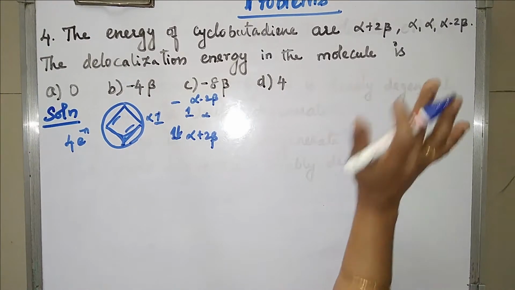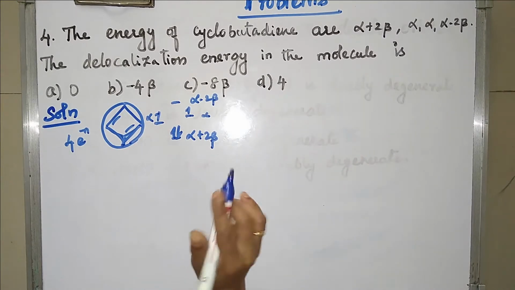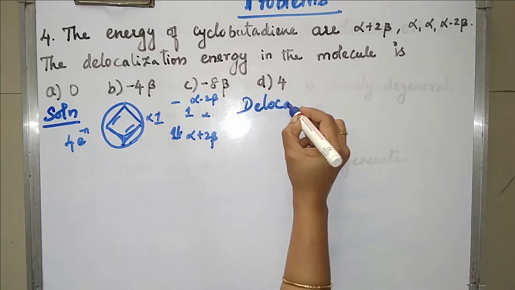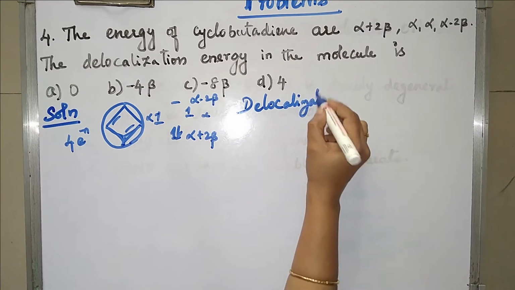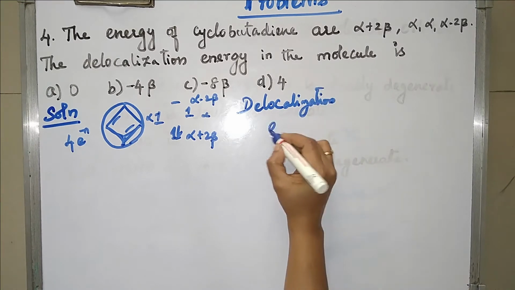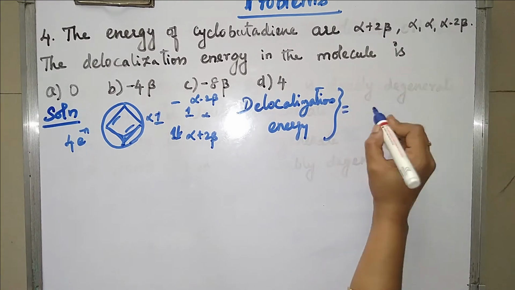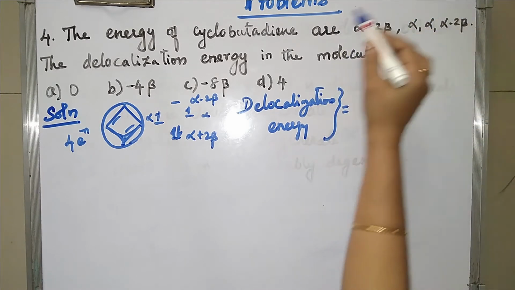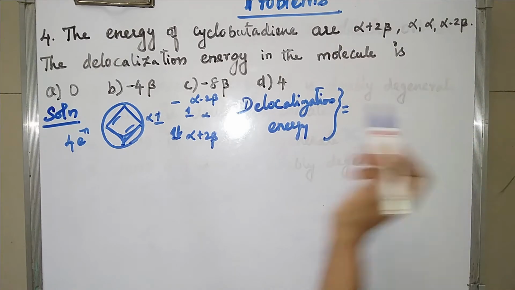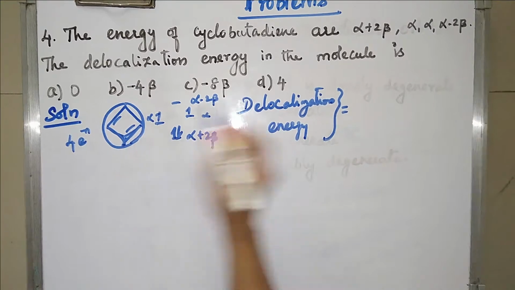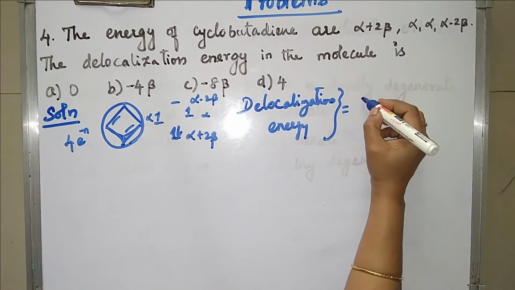The delocalization energy in the molecule, what is that? That is what they are asking. First we need to know what delocalization energy is. The delocalization energy means the difference in the energy of this cyclobutadiene minus that of the separate two double bonds.